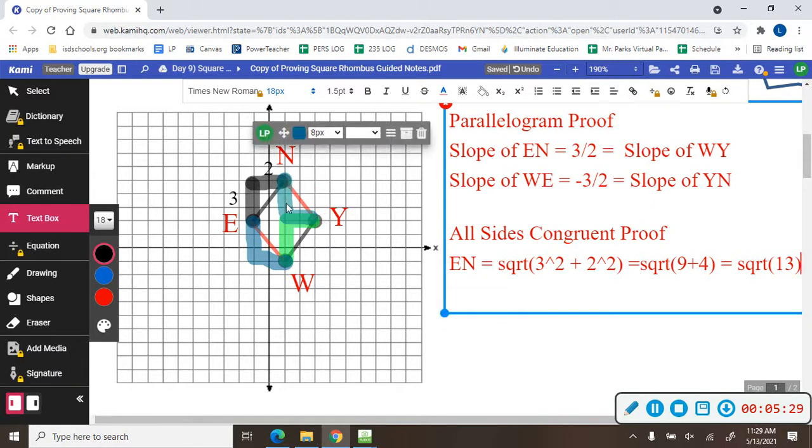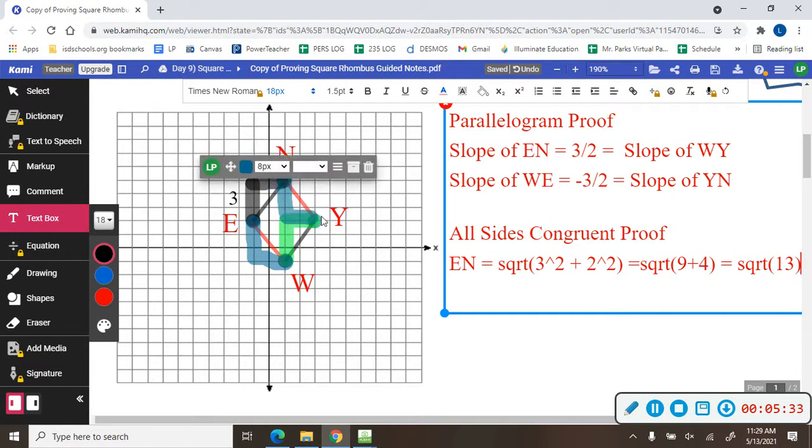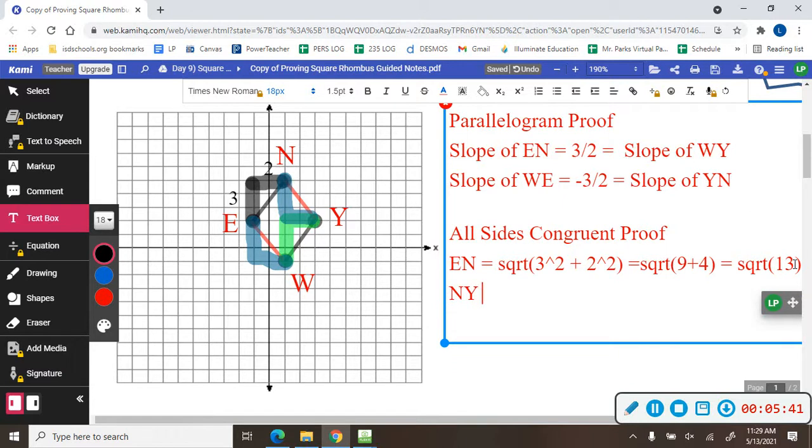Now, to find the length of NY, NY is also a 3 by 2 leg, so the hypotenuse is going to be the same. So I know that NY is also going to equal square root of 13, because it's the same triangle. It's still a 3 by 2 triangle, so it has to be square root of 13.